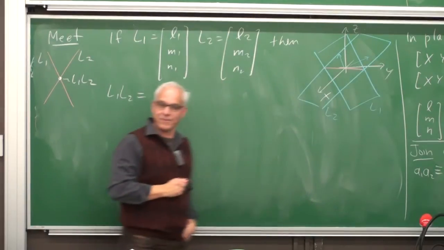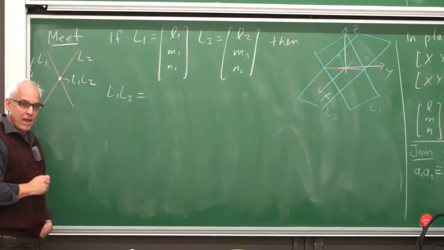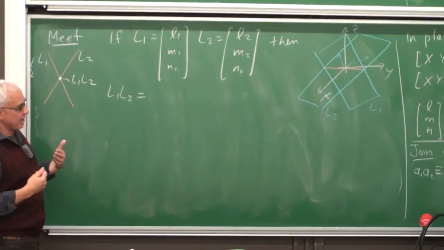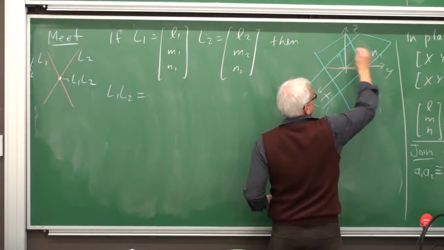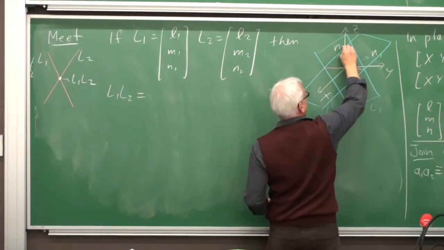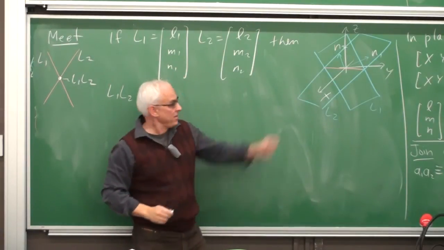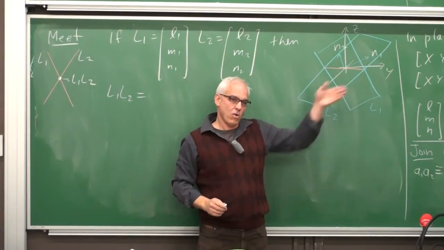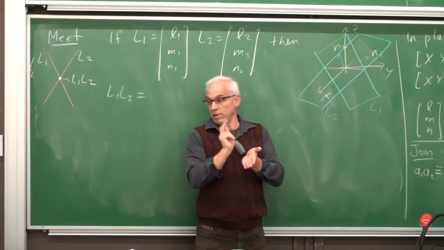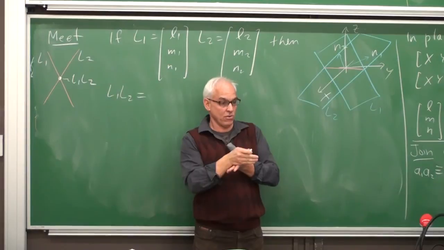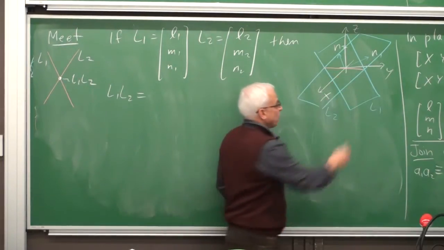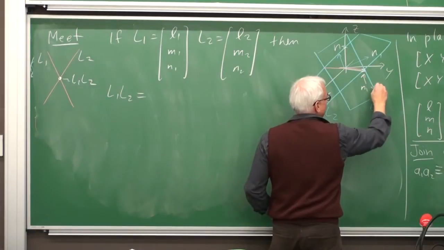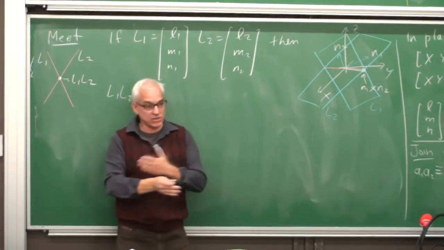So there'll be a common line. Let me draw it like that. And I want to write down what that line is. Well, if this normal is vector n1, and this one is n2, then this common direction will lie in both planes. So it will be perpendicular to both n1 and to n2. So it must also be given by the cross product of n1 and n2. So the direction for this is just n1 cross n2. That's the direction of the line of intersection of two planes.